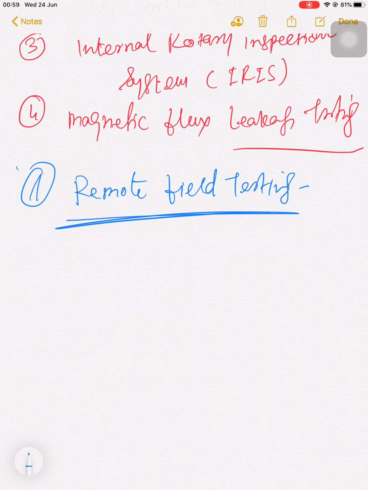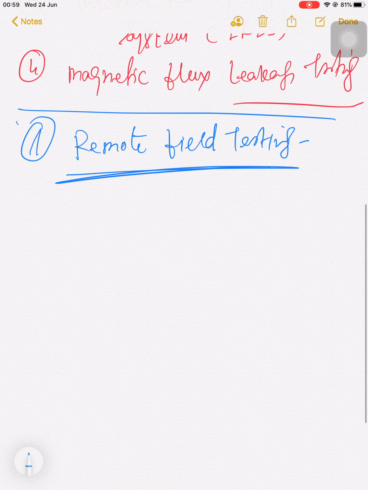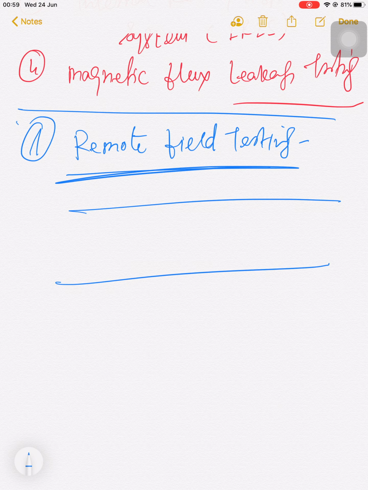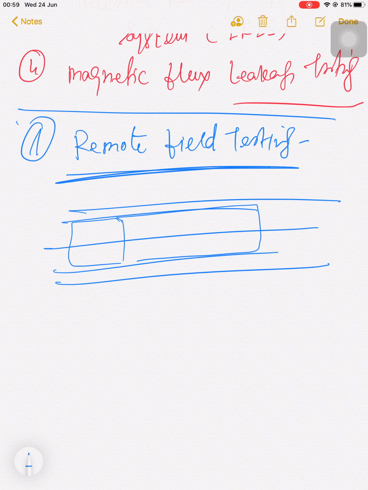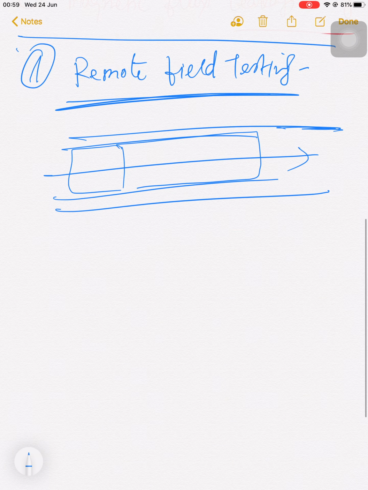If you see, maybe this is the tube. Inside you will insert this, and there are probes which go inside the tube. So how does it work? It is used to inspect ferromagnetic material.